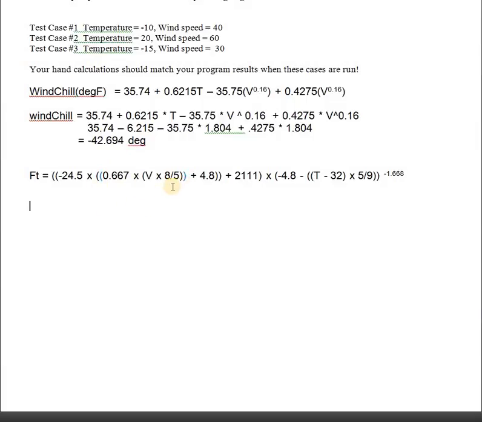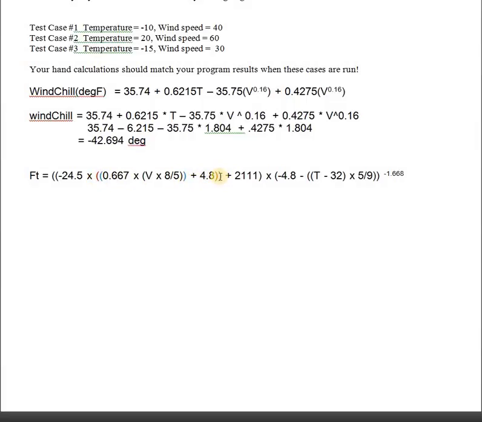The next one out, I'm going to make red, and that is this one right here. And this one. So we're working our way out to see what our order of calculation is going to be.